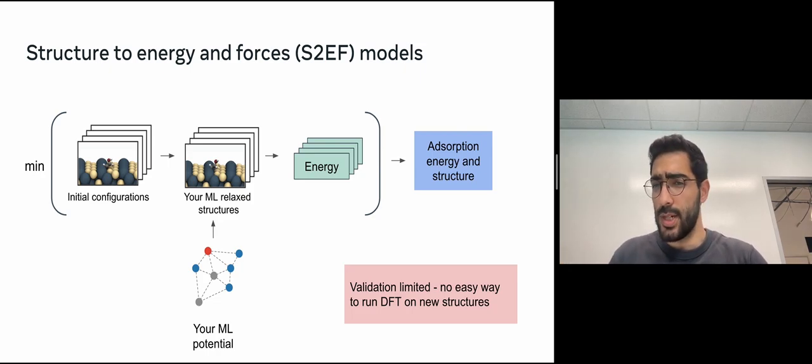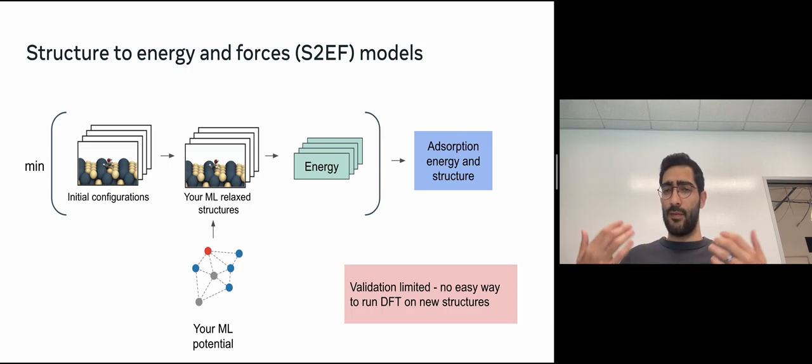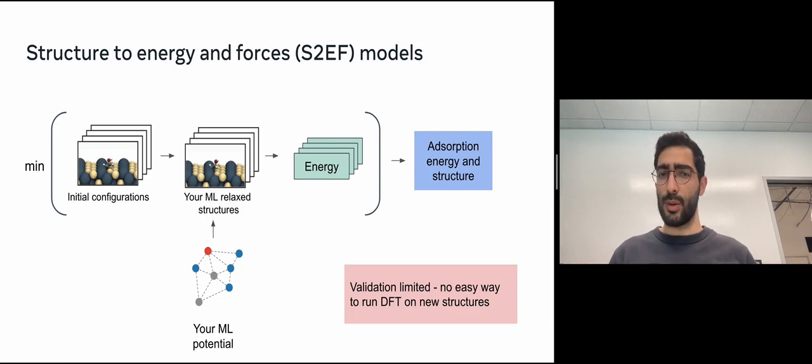Now, the challenge here is we don't have a way to validate this approach during this initial phase. During development, there's no way for you to actually validate whether this approach is going to outperform what you had before. The reason is that validation requires a DFT calculation and you to be within that 0.1 eV.